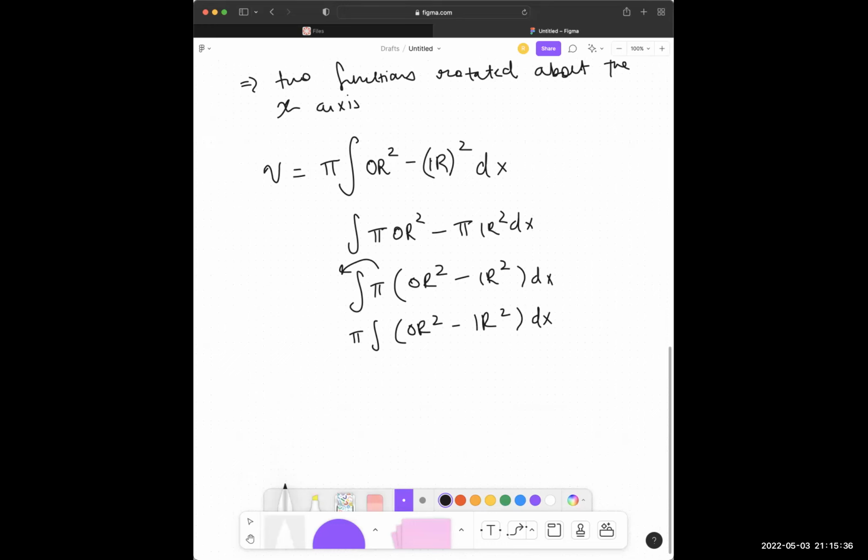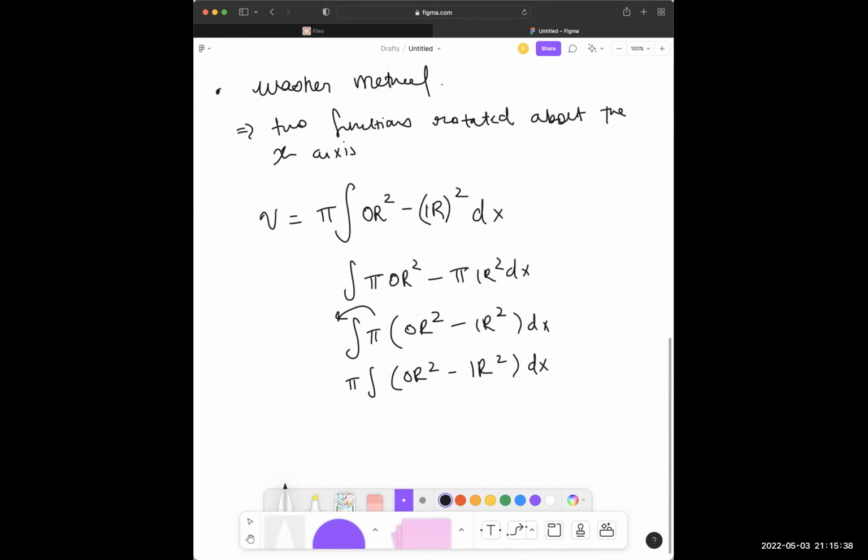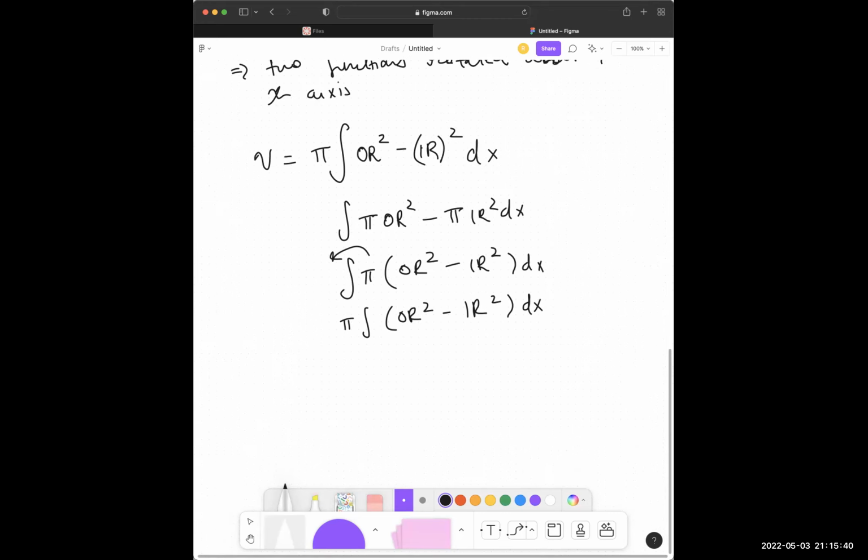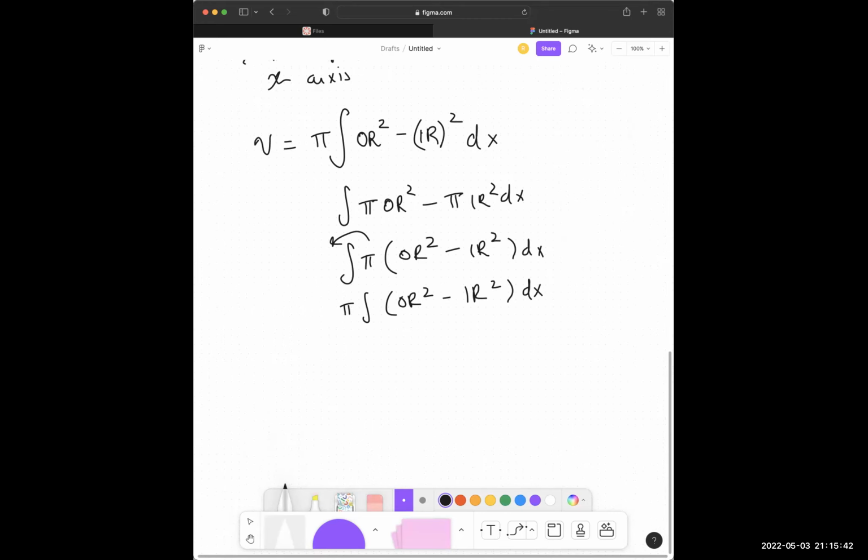Okay, and usually what you'll see with the washer method is that why we have this funky looking formula is that when you take two functions, let's say I had x squared, and then let's say I had x as well. When you take this bounded region and you rotate it about the axis, you're not going to generate a disk to get the area.